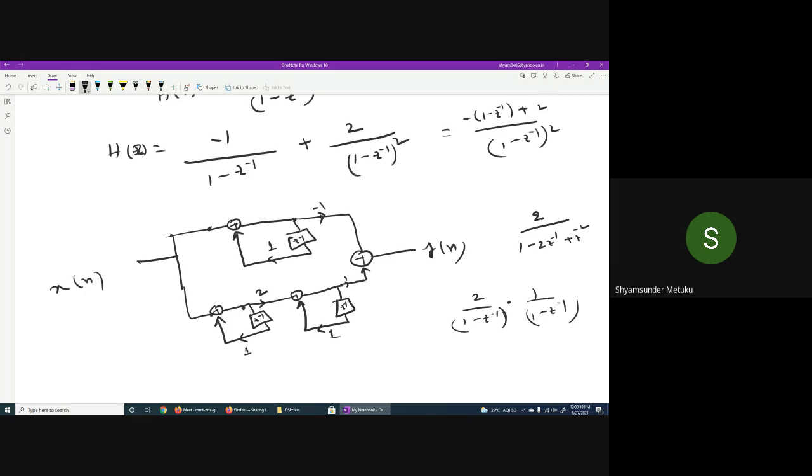Yes, sir. So I hope now you understood. It is a combination of parallel as well as cascading. But ultimately parallel, because at least one plus sign must be there for the different implementation, so that it will be added over two different paths in parallel. Is that clear? Yes, sir.